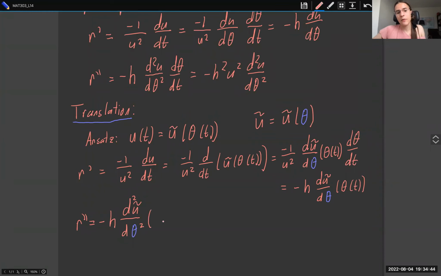And then we're going to keep the inside function, and then we're going to differentiate the inside function by chain rule. And then we get negative h squared u squared and d squared u tilde d theta squared.